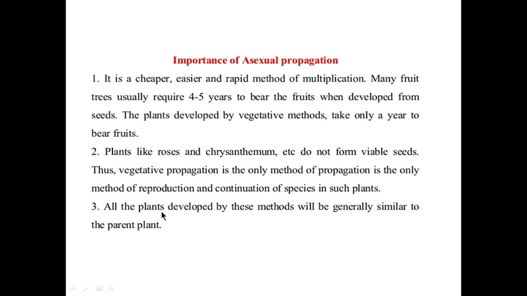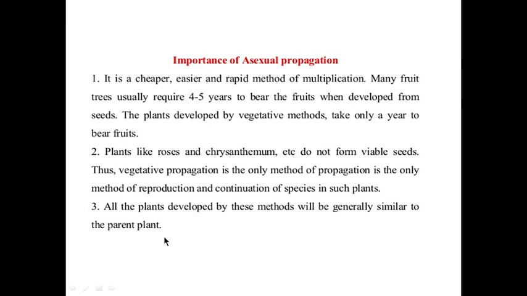For those plants which do not produce viable seeds or which cannot be propagated using the seed germination or seed sowing method, vegetative propagation is the only method used for reproduction. All the plants developed by this method will generally be similar to the parent plant.